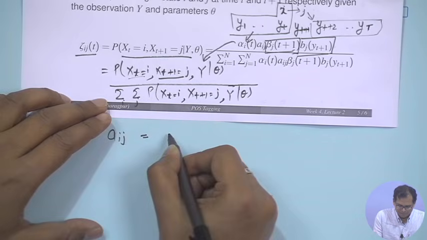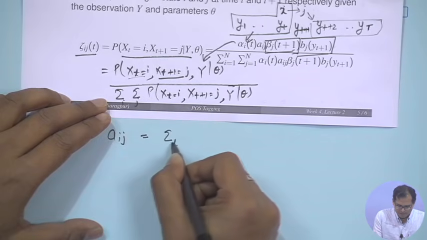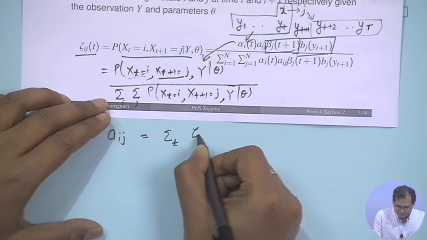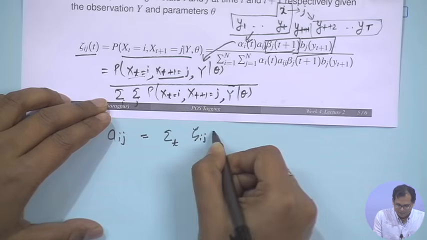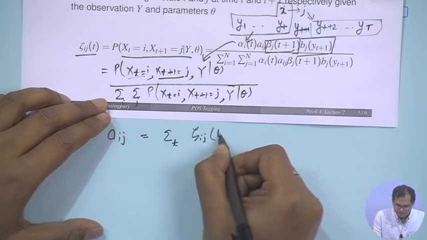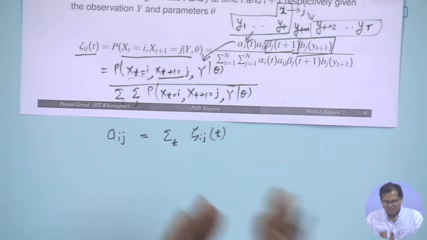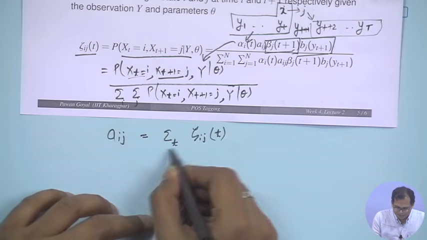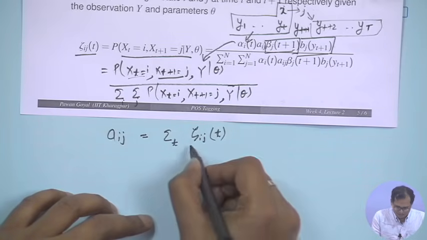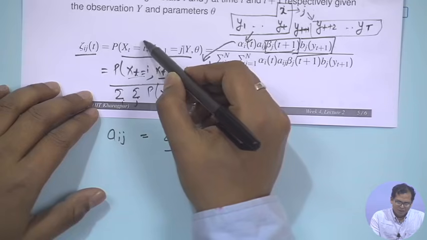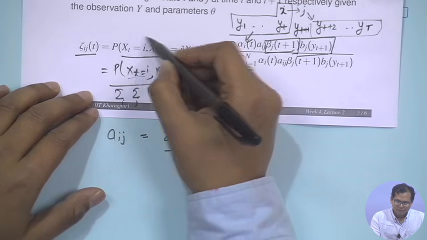So, this will be summation over t zeta ij t, where zeta ij t is i followed by j, divided by over all the times when you are seeing this t.